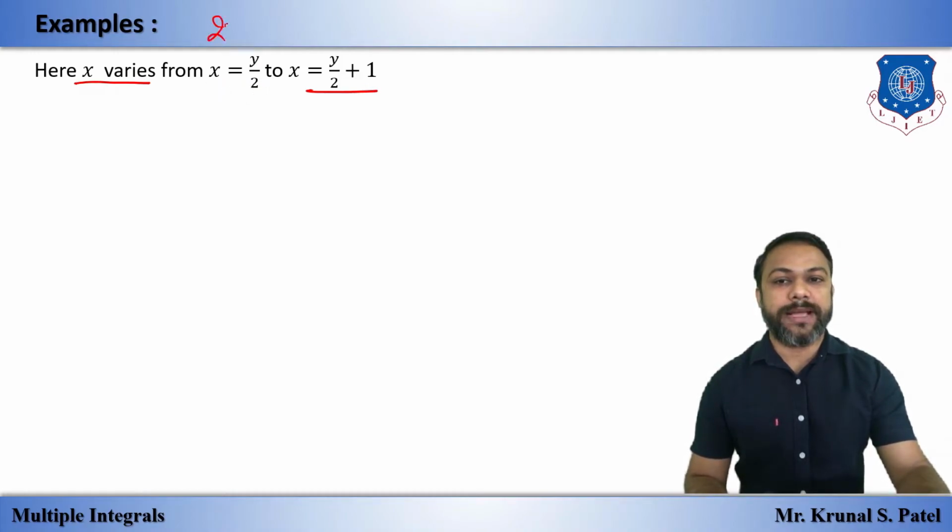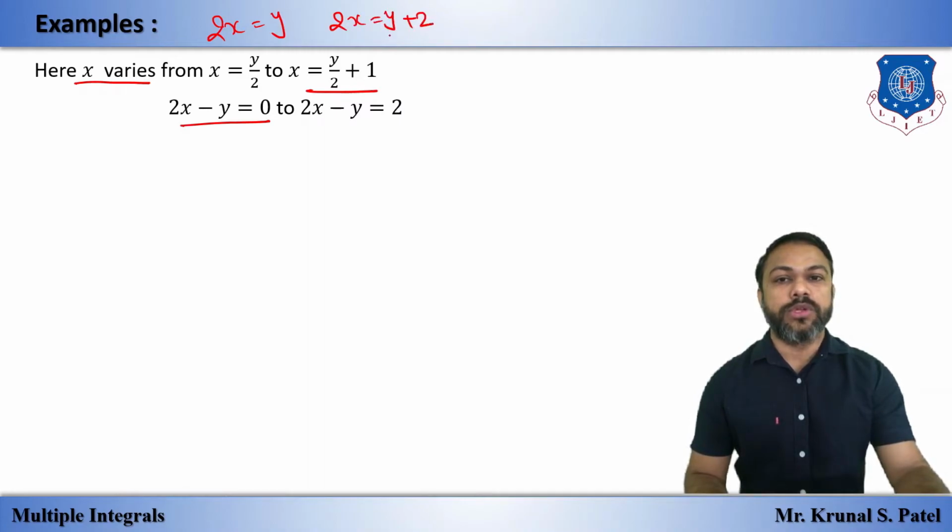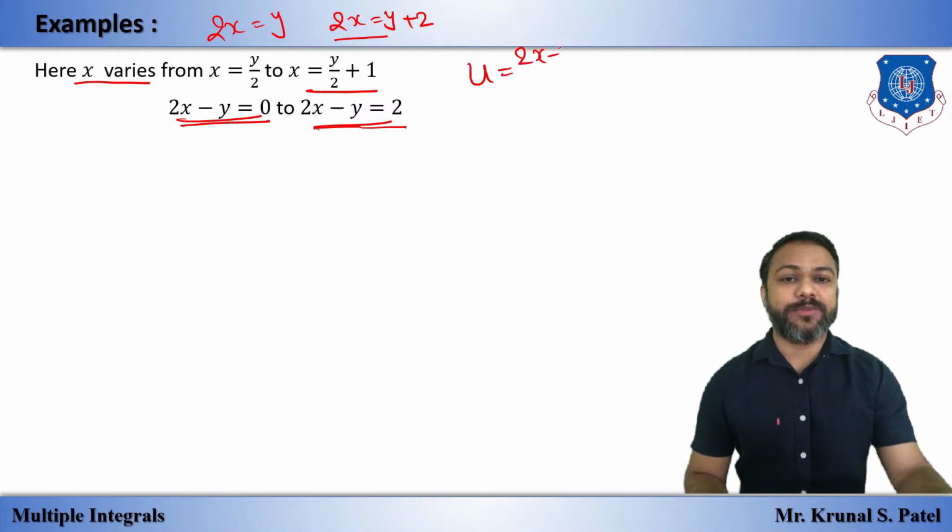So 2x = y gives 2x - y = 0, and 2x = y + 2 gives 2x - y = 2. So we have these two lines. Now we know that u is equal to (2x - y)/2, so 2u becomes 2x - y.